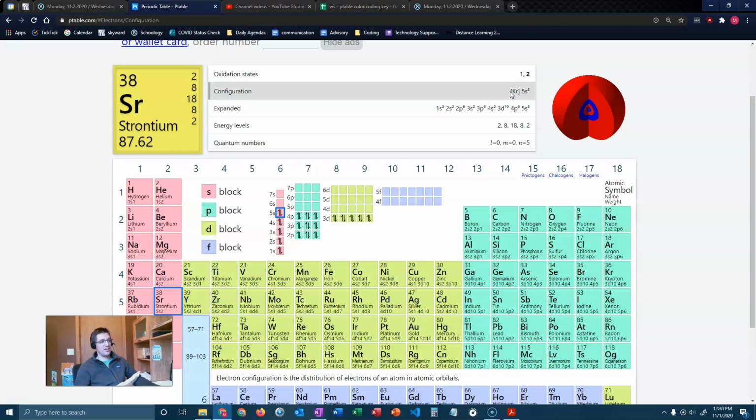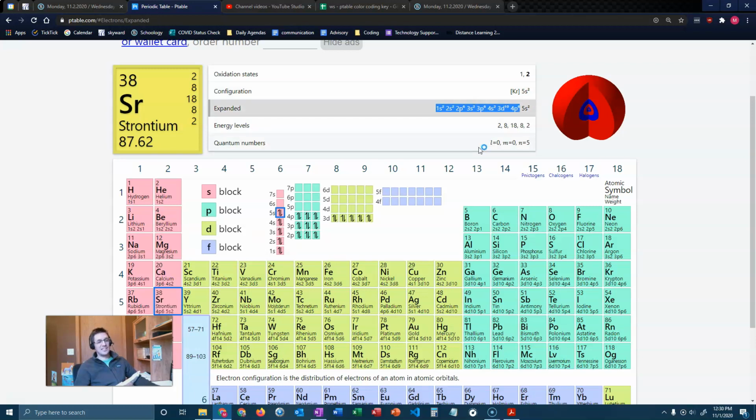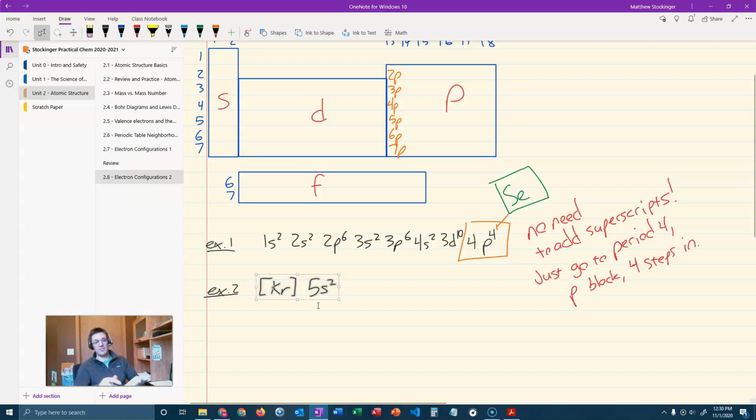You can just write krypton 5s2. Okay, because all of this junk is the electron configuration for krypton. It's a shorthand notation, right? Saves us a bunch of writing. Okay, so this, what did I just say? Strontium? Strontium. This is Sr.